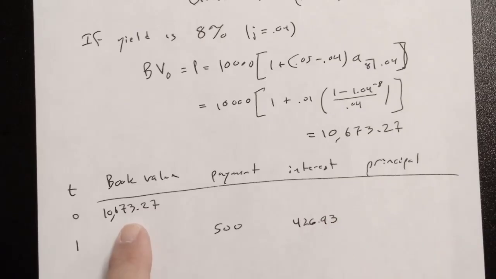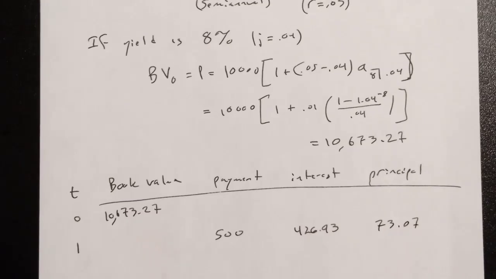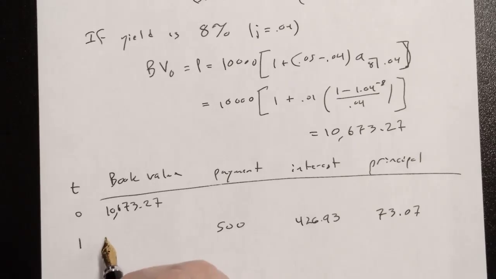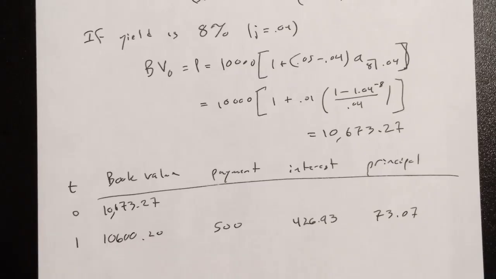The difference is 73.07. So I take this amount, subtract it off, 10,600.20. That's my new book value.